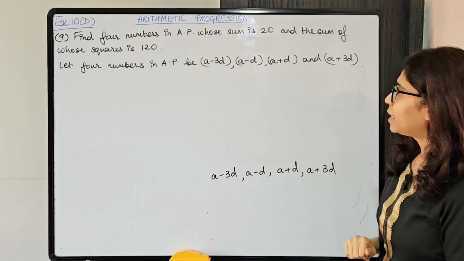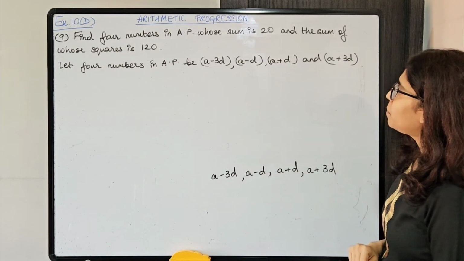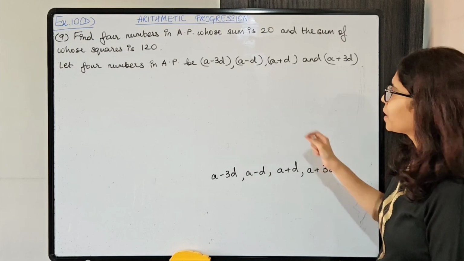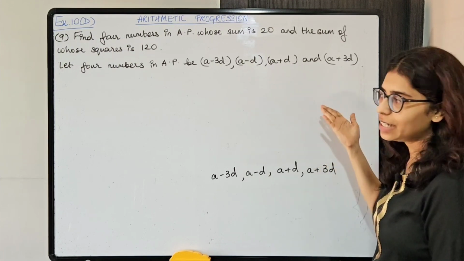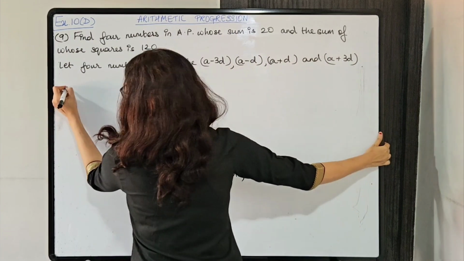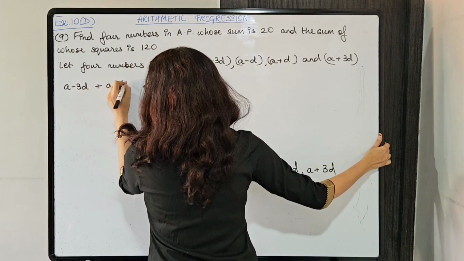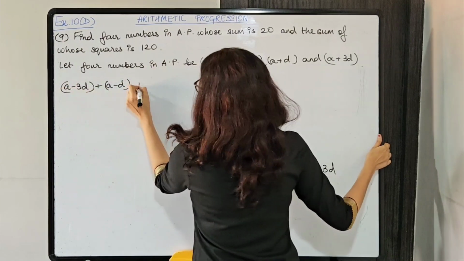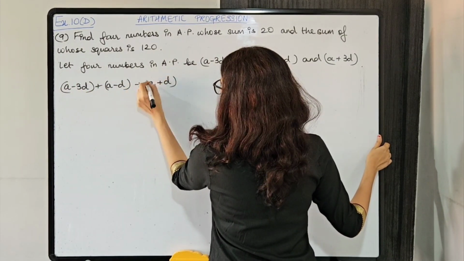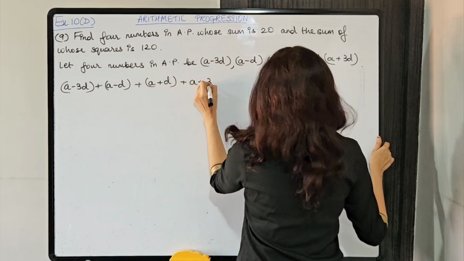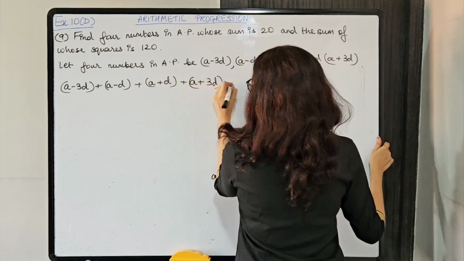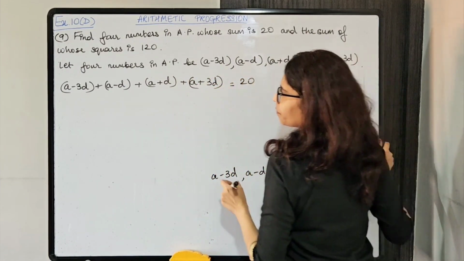Let us see what we are getting. 4 numbers in AP whose sum is 20. तो ये 4 numbers को add करके 20 मिलेगा. So a minus 3d plus a minus d plus a plus d plus a plus 3d is equal to 20.